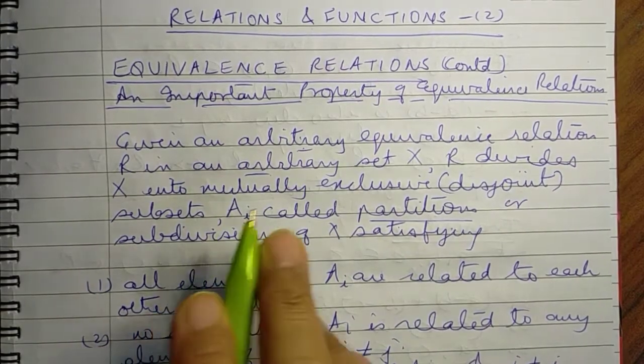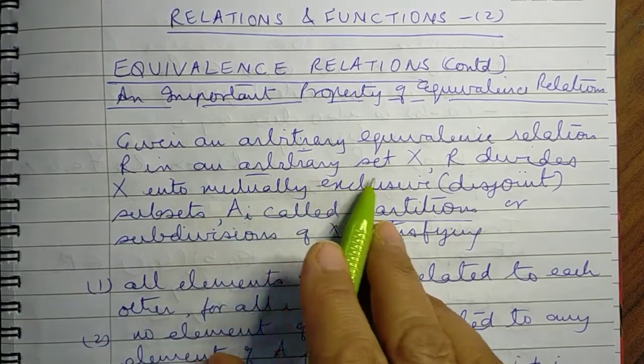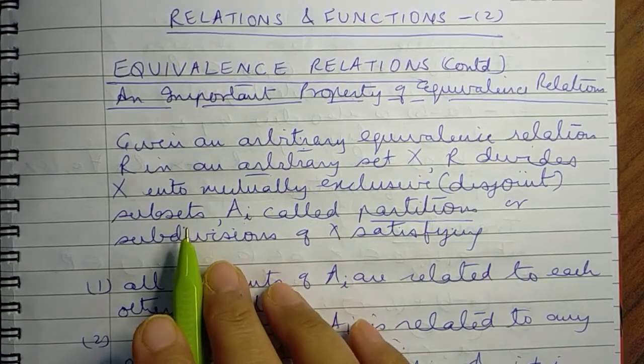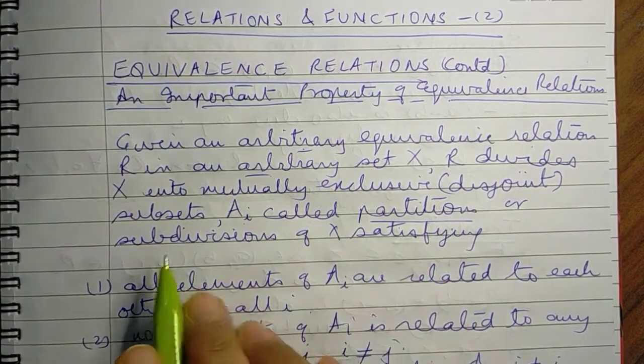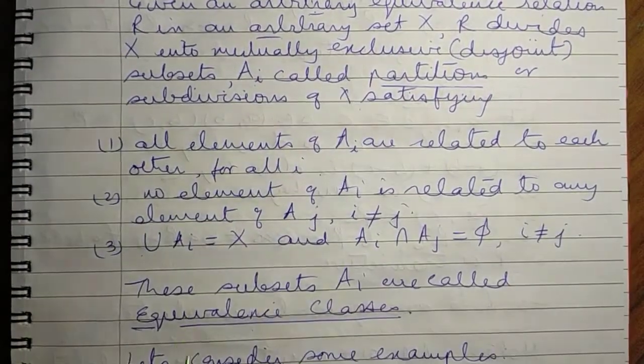I am again repeating, given any equivalence relation R in an arbitrary set X, it will divide X into mutually exclusive subsets which are called partitions of the set X, which satisfy the following properties.